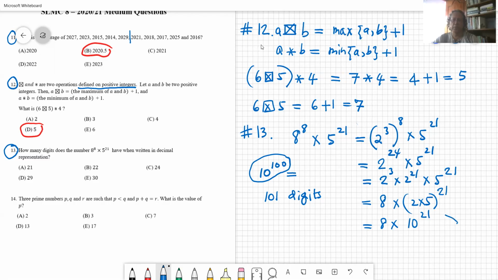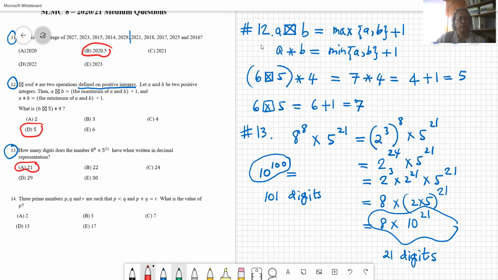So this number has 22 digits. So the answer to this question is 22.